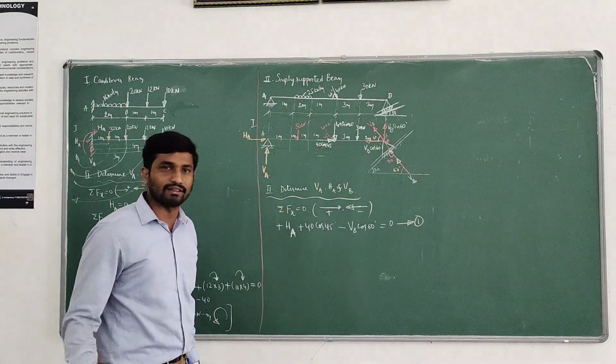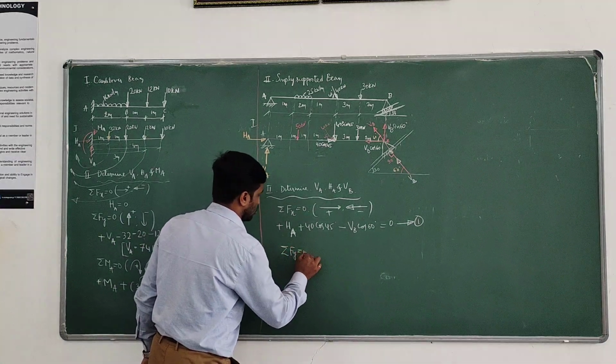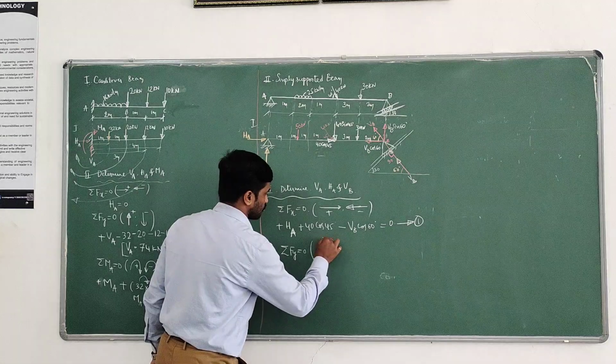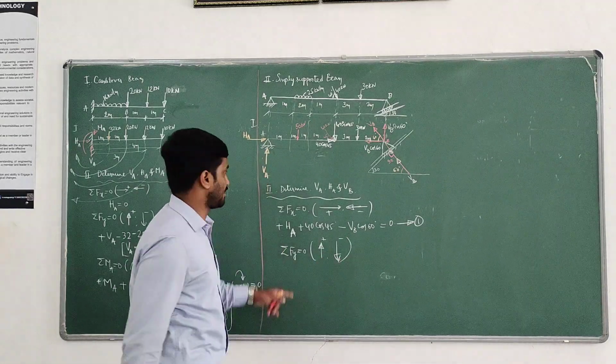Equation number 1. Next, take sigma Fy equals 0, all upward forces treated positive, downward forces treated negative.